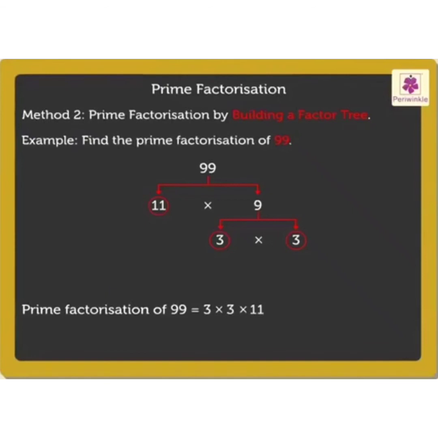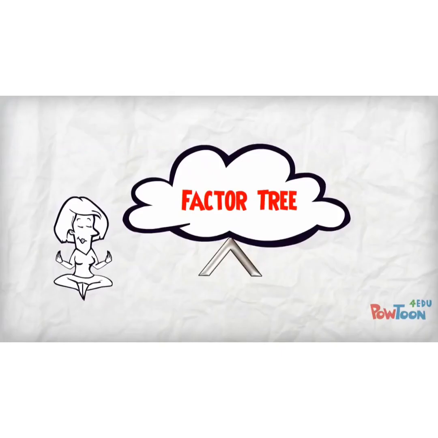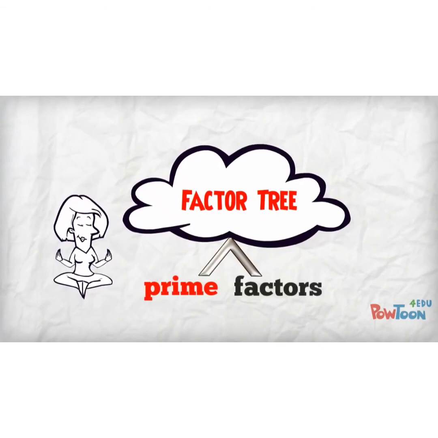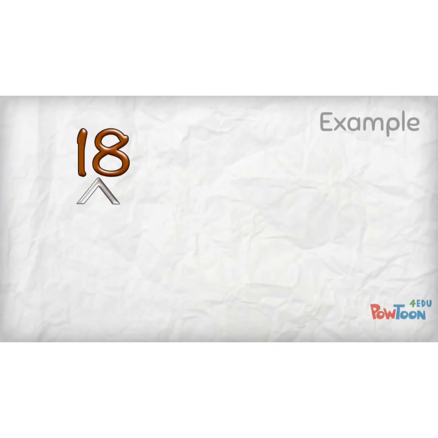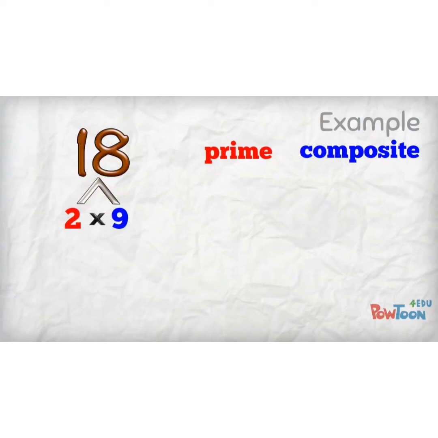Let us take another example. We'll take the number 18 and we'll find the factors of this number using the factor tree method. We split 18 into factors until we cannot split anymore. I'm using red for prime numbers and blue for composite numbers. I say to myself 18 comes from 2 times 9. I circle 2 as a prime number.